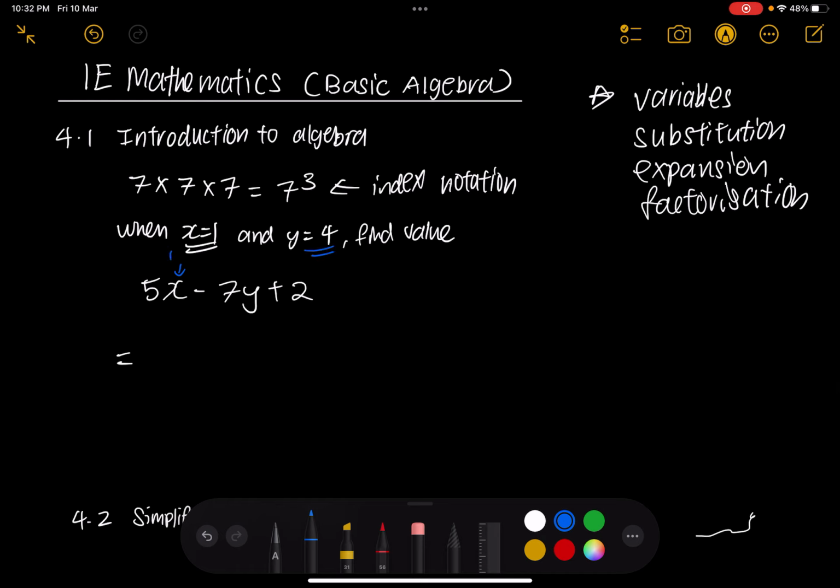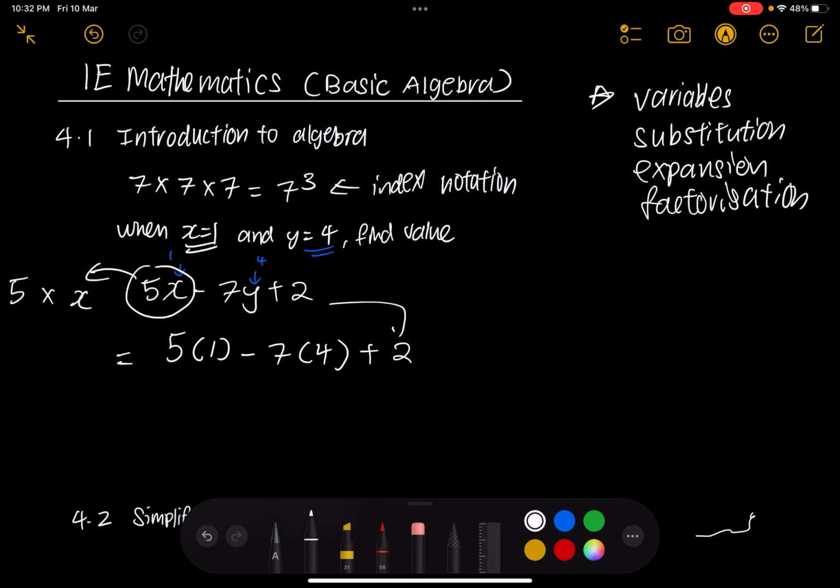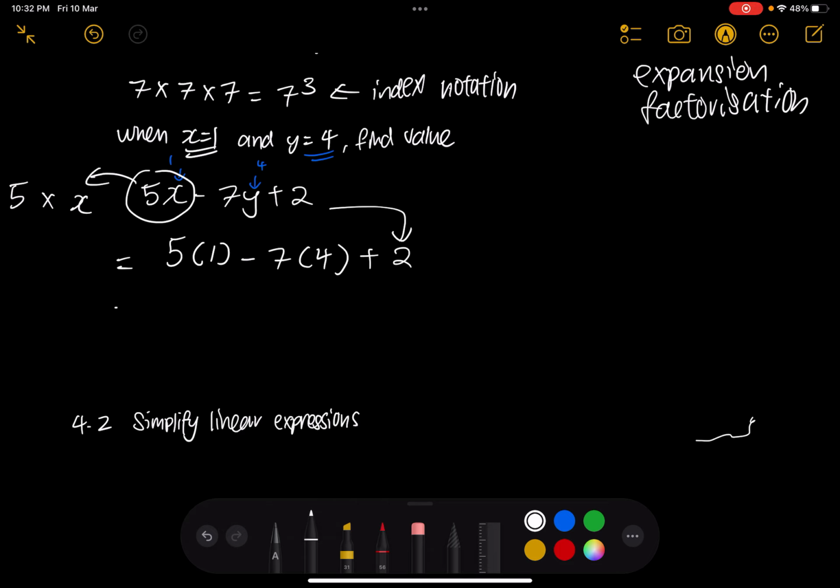And my y, if it's 4, this represents 4. Now our first step is 5 multiplied by 1, because this 5x means 5 times x. The bracket represents multiply. Minus 7 times 4, because your 4 is here. Then you just copy here. Now we are gonna do some simple math. 5 minus 28 plus 2. Then you work out the math from there.